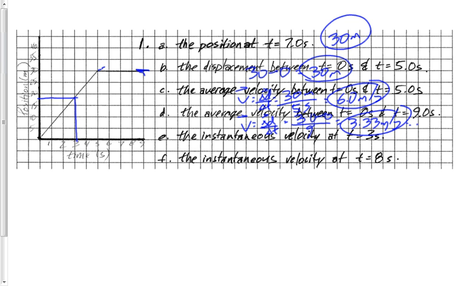The instantaneous velocity at 3 seconds is the same as the average velocity between 0 and 5. So it's going to be the same answer as C, which coincidentally is 6 meters per second. But don't say it's 6 because you went up and over and then divided by 3. That doesn't work.